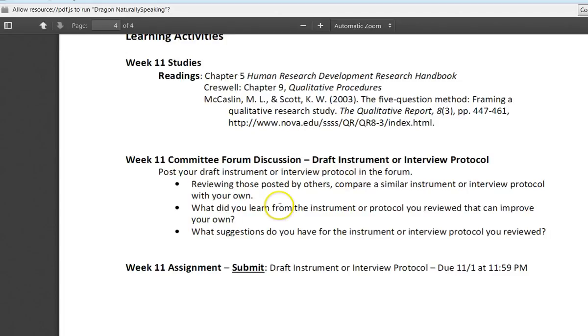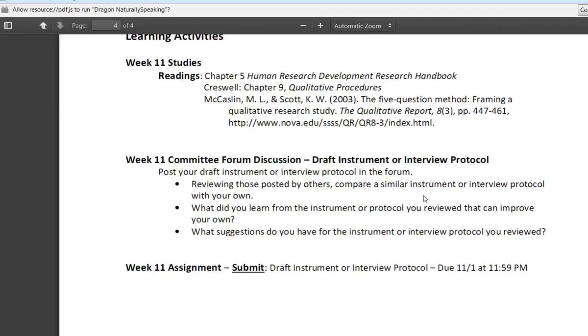Okay, so the assignment here, we're going to have discussion forum, and we're going to be talking about this week we're going to be preparing our instrument. Now the instrument is either, if you're doing the survey, the instrument is going to be a questionnaire.